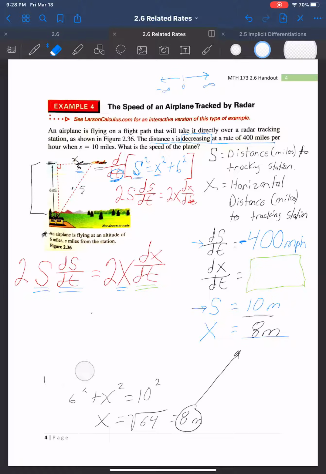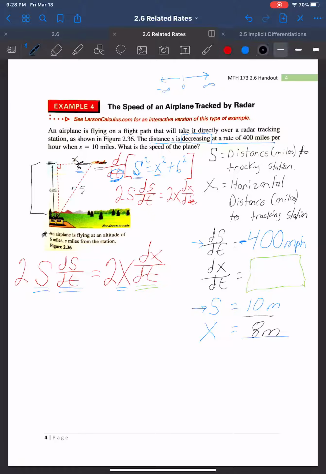So I'm going to do that, and I want to address something that I know one of you has thought of right now. I want to address the question of why not plug in for s before you take the derivative, right? In other words, why not put a 10 here right from the beginning? And I'll address that question after I finish this problem.